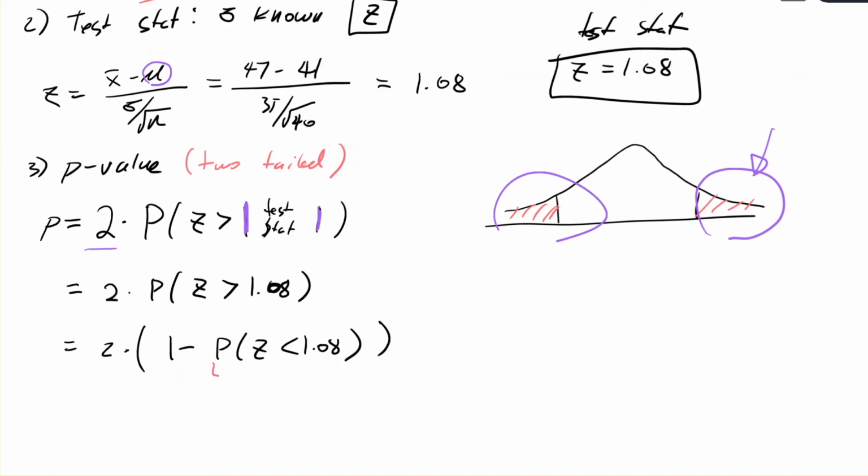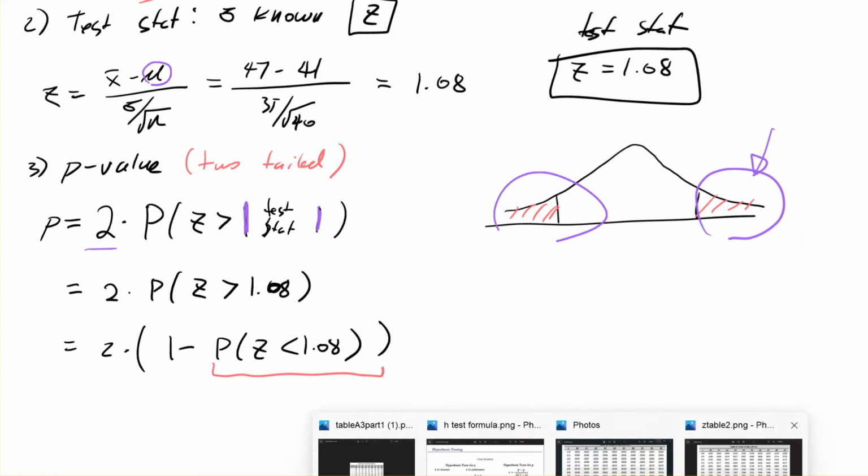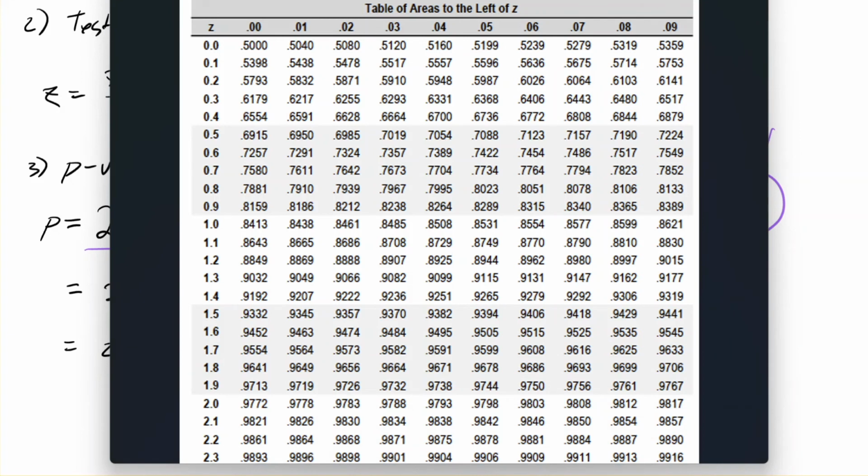So we can find this value from the z table. So from the z table, 1.08 is .8599 right here, 8599.